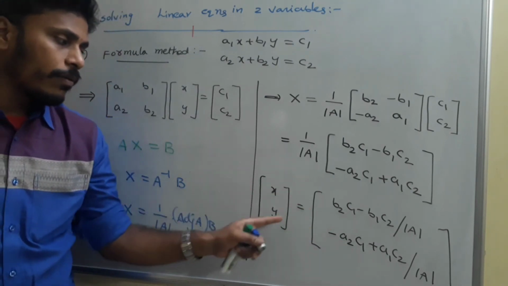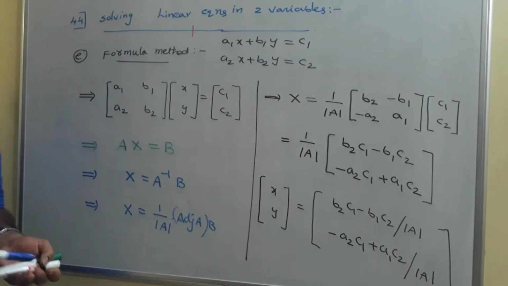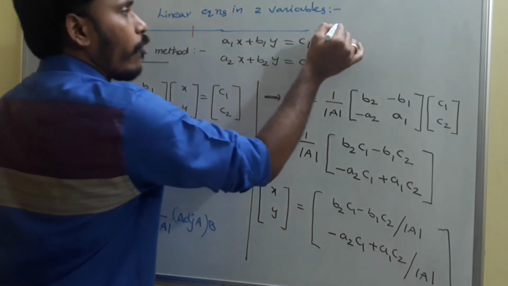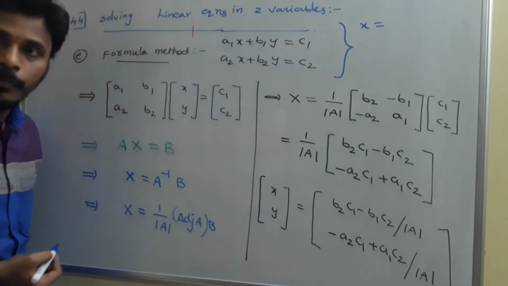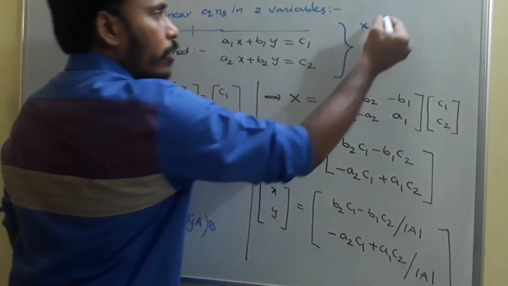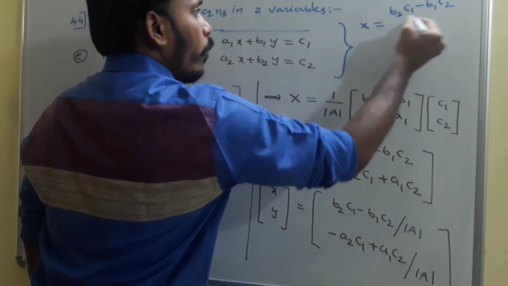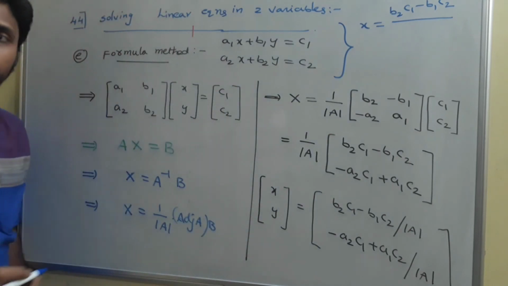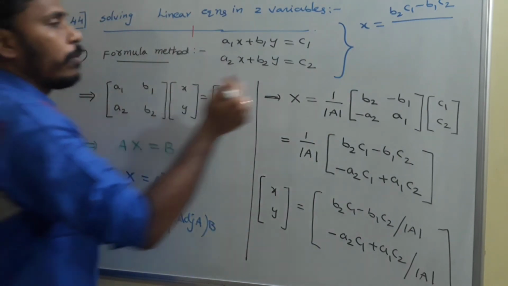And at the end easily we will equalize that X and Y, and if you equalize them, you will get the values of X and Y, the formulas for X and Y. From there we will conclude that X is equal to B2 C1 minus B1 C2 divided by determinant of A. The determinant of A is simply A1 B2 minus A2 B1, right?